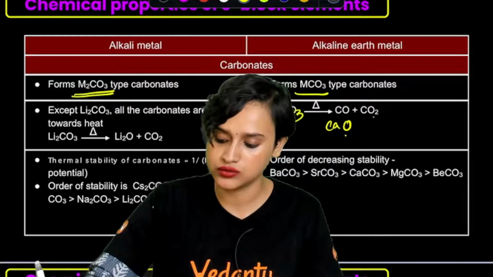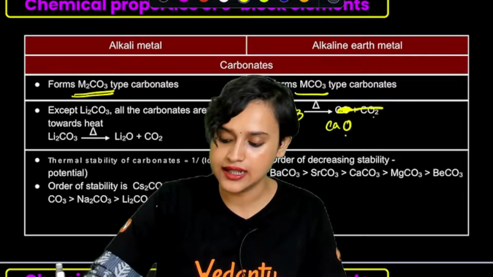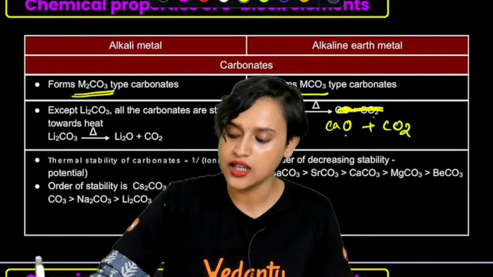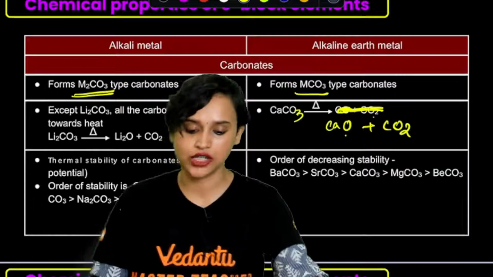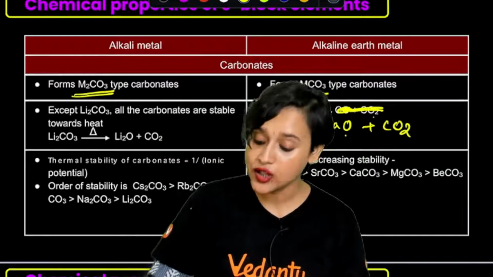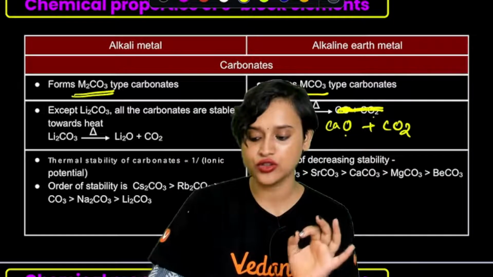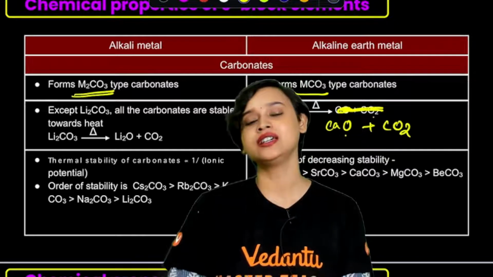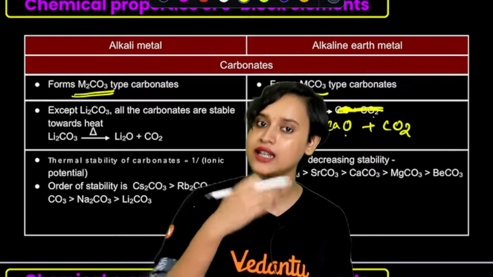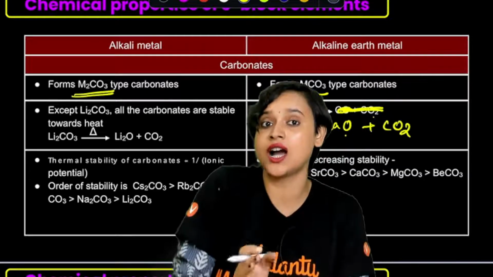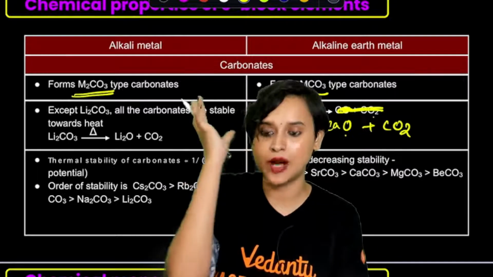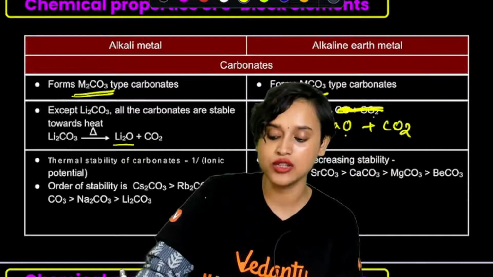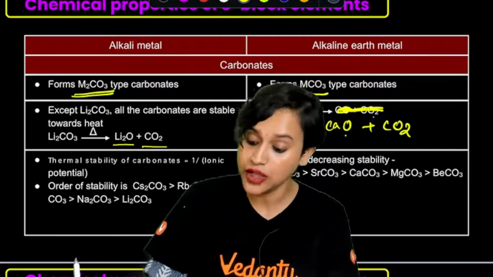This is what it breaks down into. Except Li2CO3, all the alkali metal carbonates are stable towards heat. However, lithium carbonate, if you give it some amount of heat, breaks down to lithium oxide and carbon dioxide.